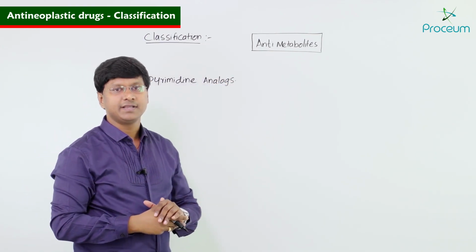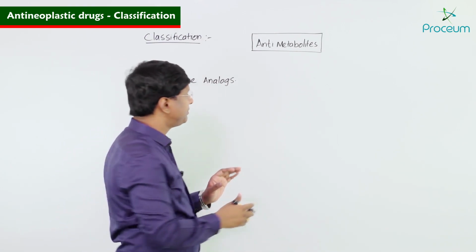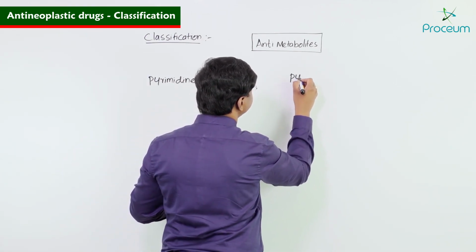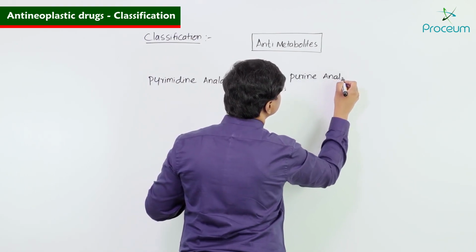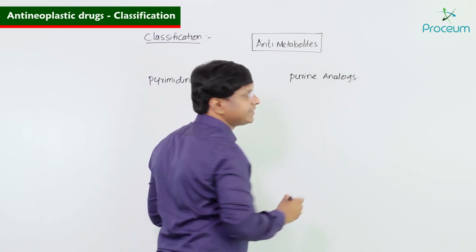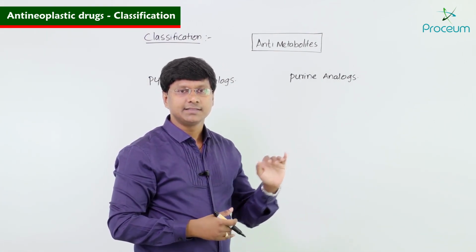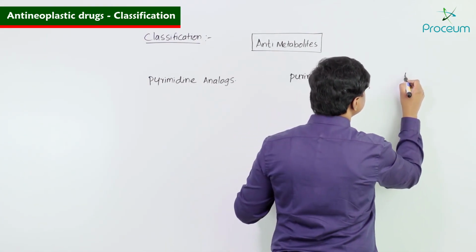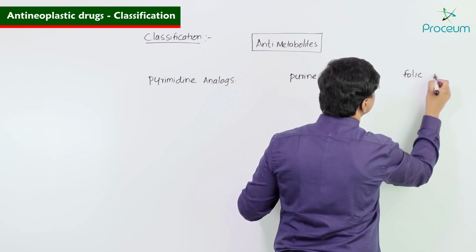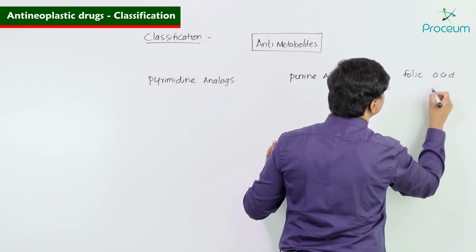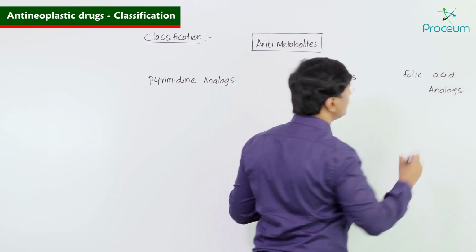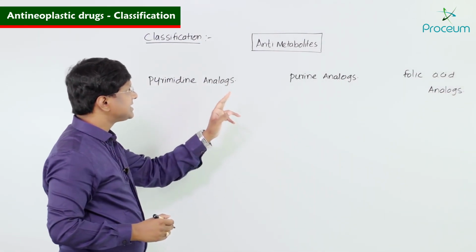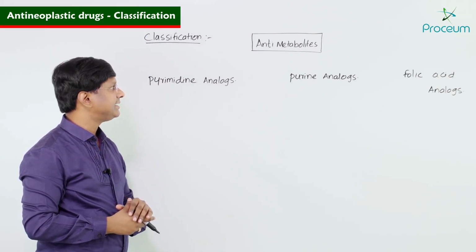The second group of antimetabolite drugs includes the purine analogs. And the third group we have is folic acid analogs. So these are the three groups of the antimetabolites.